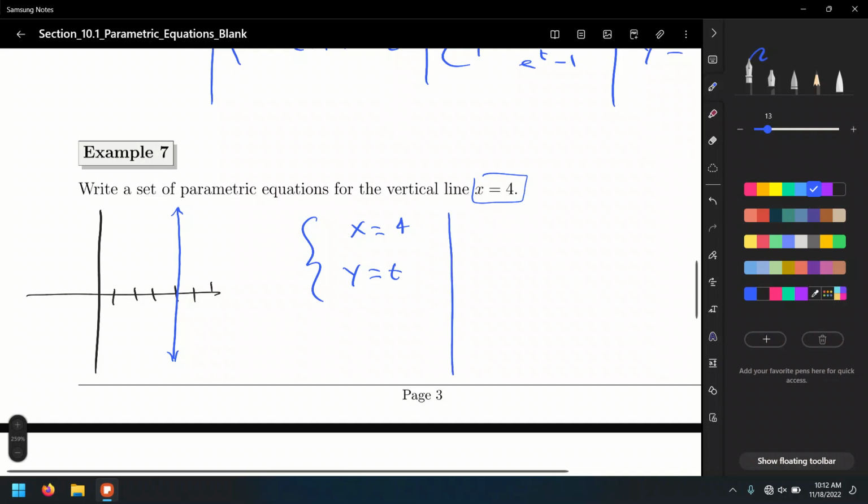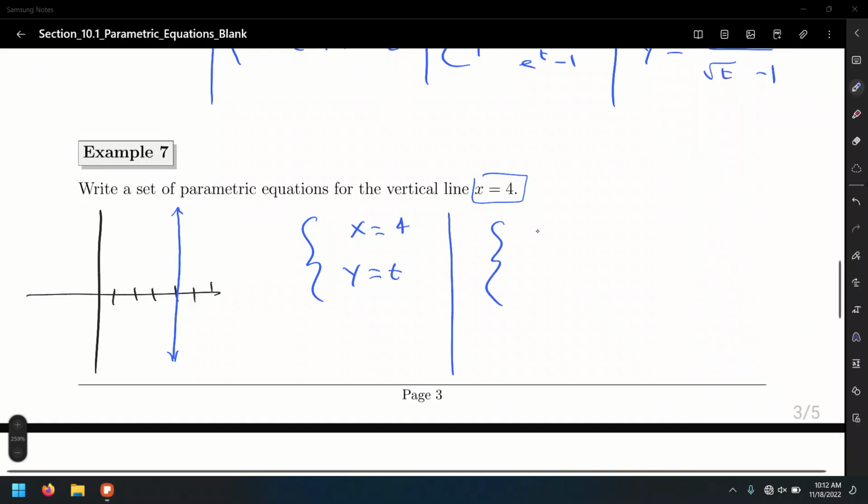Even if you do another parameterization, for example, x equals 4, y equals t squared, then for your favorite value of t, t equals 1, t equals 4, t equals -5, you will still have x equals 4, and those points will still be on the vertical line. Again, there is not a unique way to parameterize this equation. This is one way, this is another way, even cubed, even a radical, again, your favorite number or your favorite function.